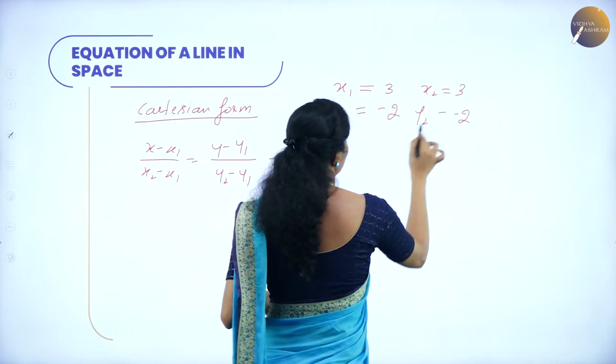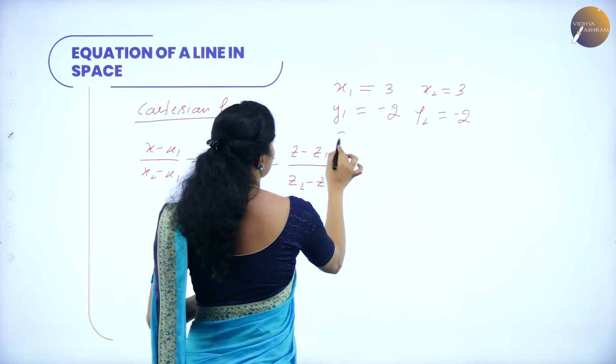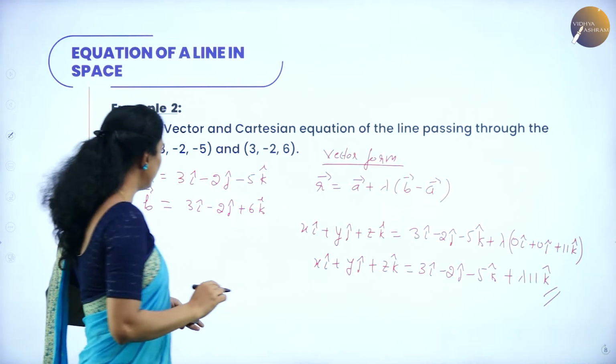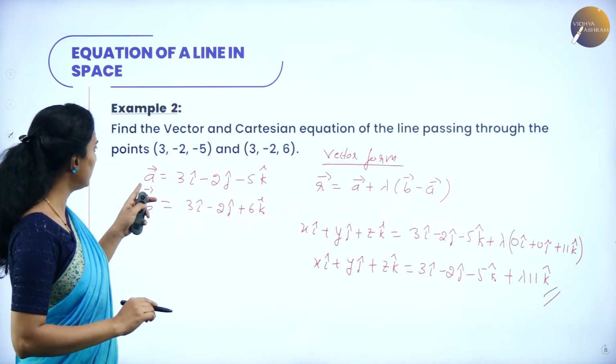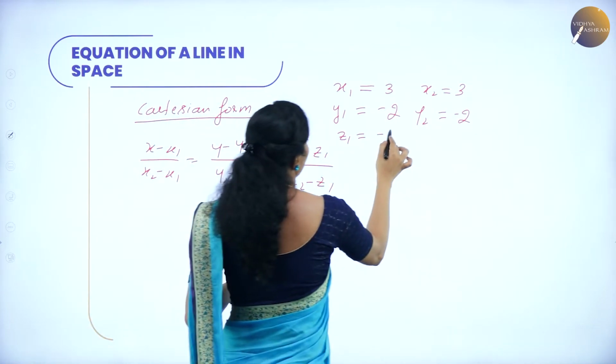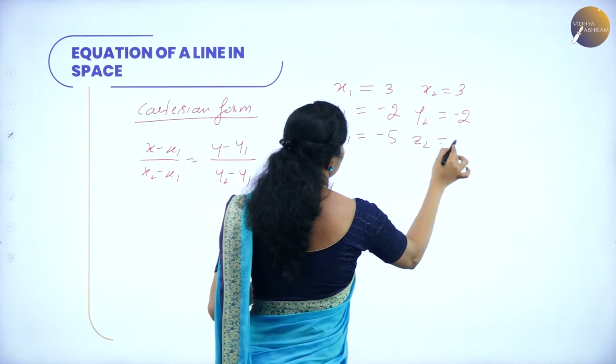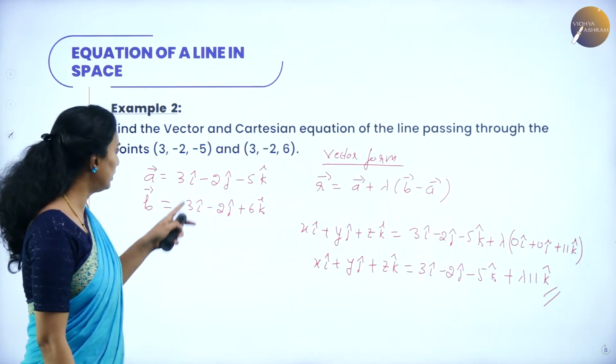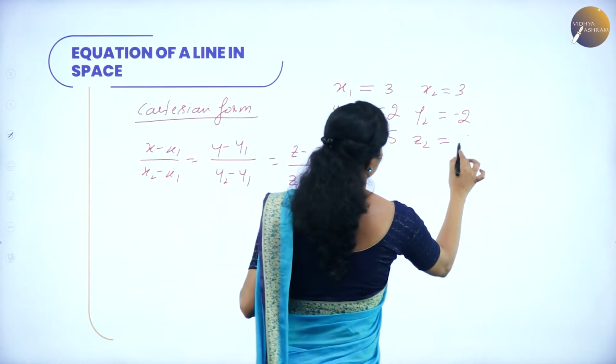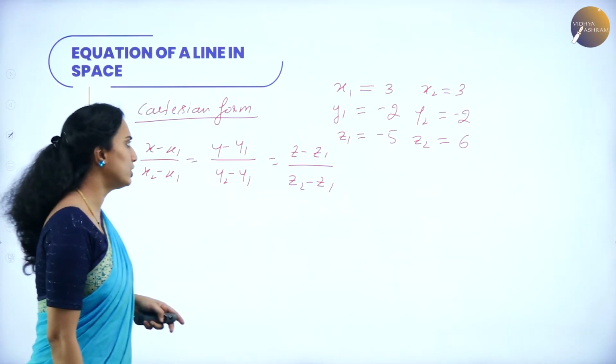Correct? Similarly, what is z1? Z1 is minus 5 and z2 will be equals to, what is z2? Z2 is nothing but 6, right? 6. Now let me substitute here.